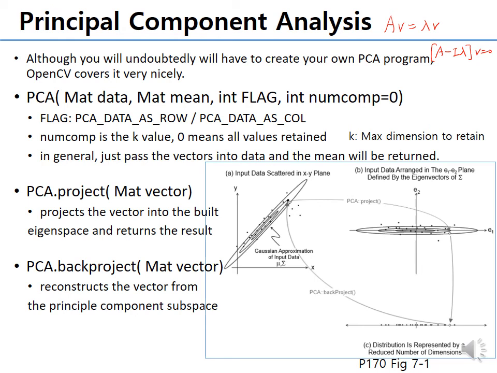By taking the determinant of A minus I lambda equal to 0, we can calculate the eigenvalue from this equation, and by applying this eigenvalue to this equation, we can calculate the eigenvector. So what is the meaning of eigenvalue and eigenvector?